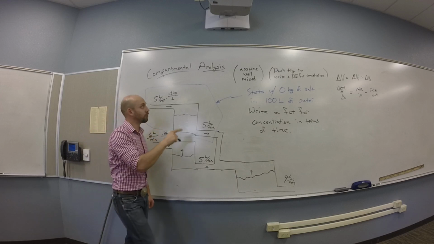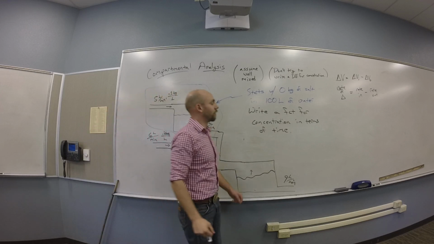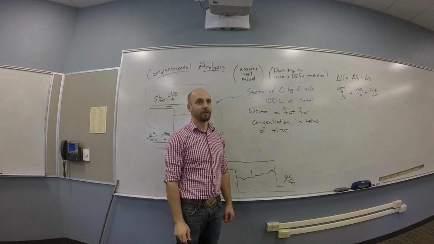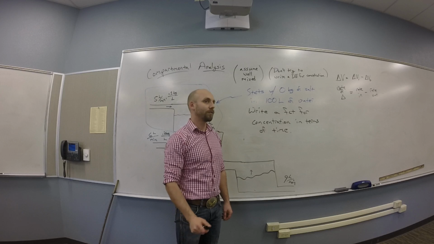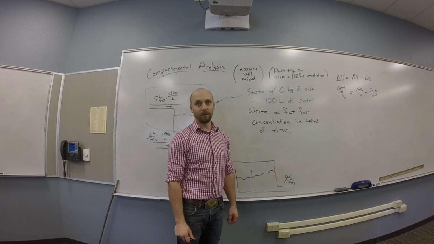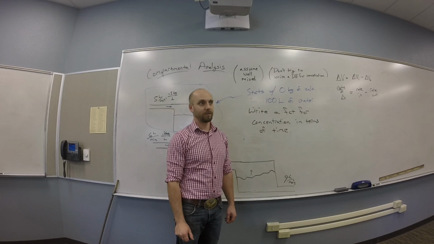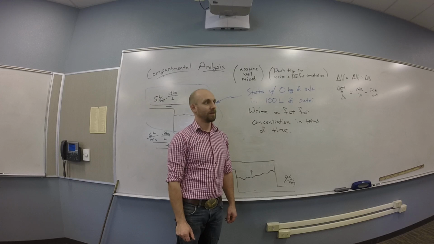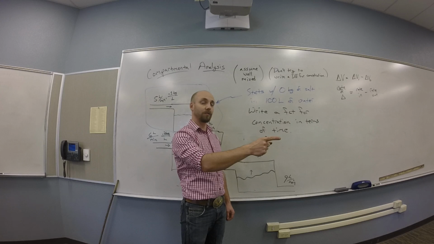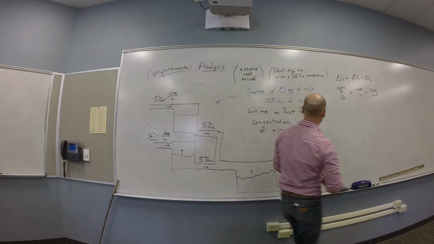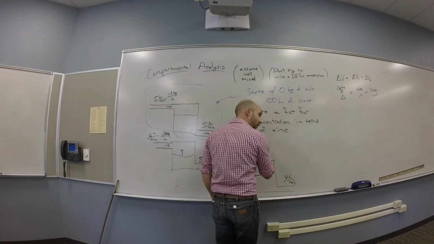But I just told you, don't try to write down a differential equation for concentration. So, if you can't write down a differential equation for concentration, what do you write a differential equation for? Volume as a function of time. Good. We could write a differential equation for volume as a function of time. Here, I'll write that one over here.